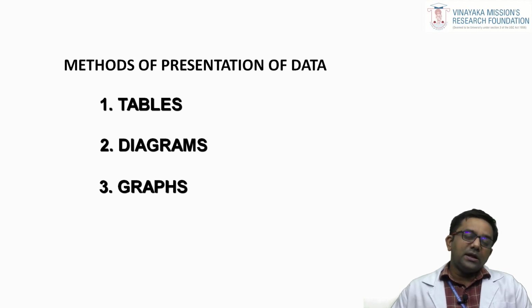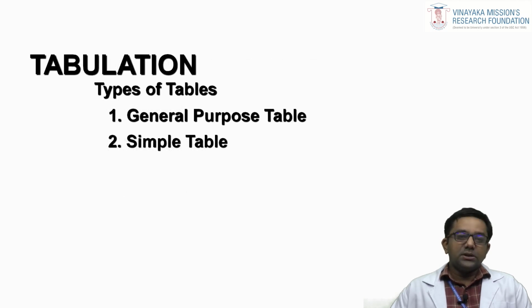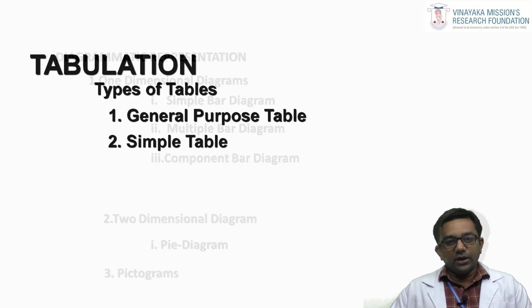So, these are the three methods of presentation of data, that is tables, diagrams, and graphs. Tables are usually a general purpose table and simple table. Usually these tables are more logical, the participants will be able to understand the results in a better way. That is why you go for tabular presentation of data.